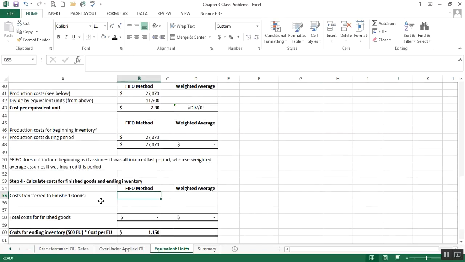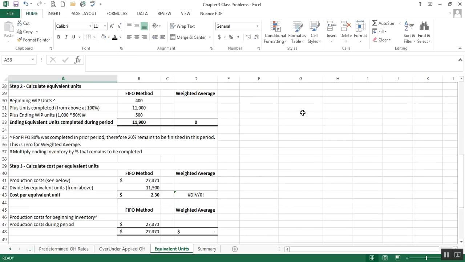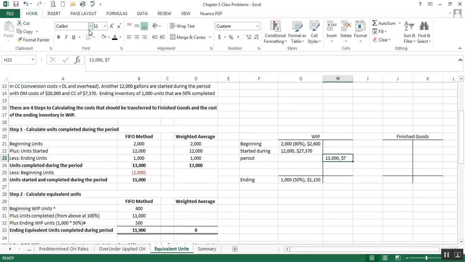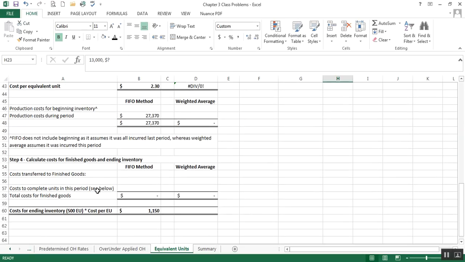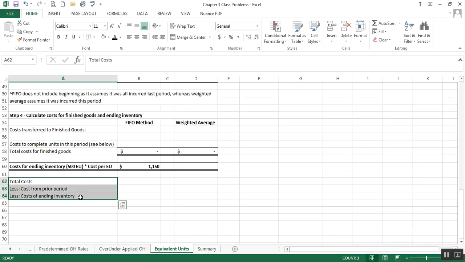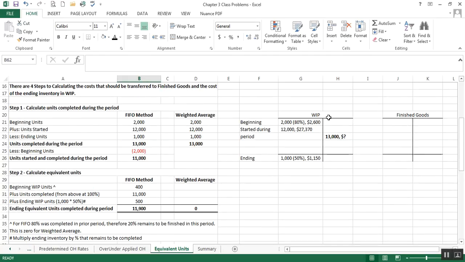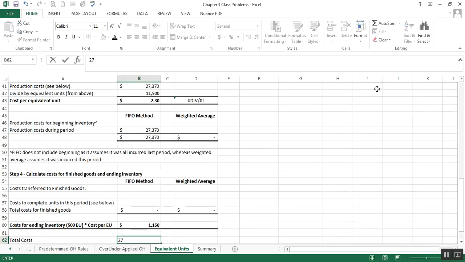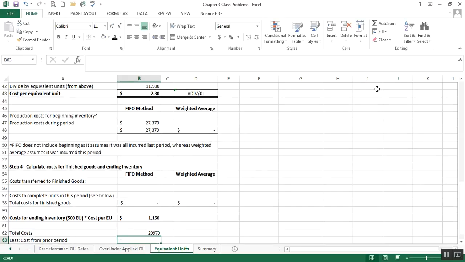And now we can calculate our cost for the 13,000. So we're going to calculate this by looking at the total costs that we need to allocate. So it's going to be equals 2,600 plus 27,370. Okay.